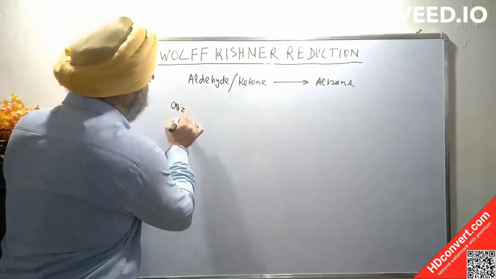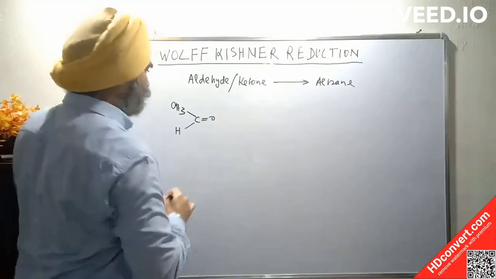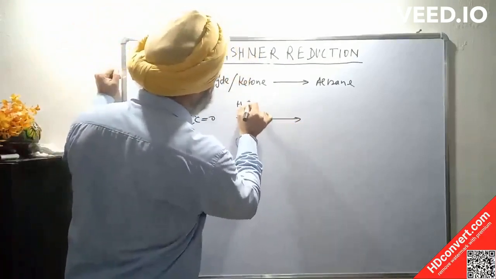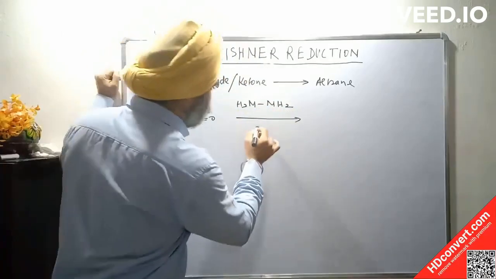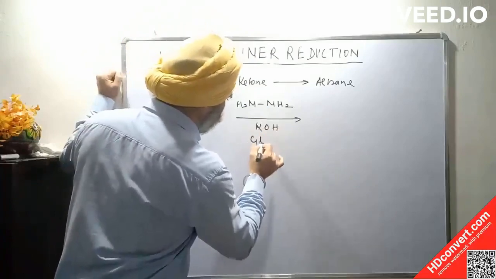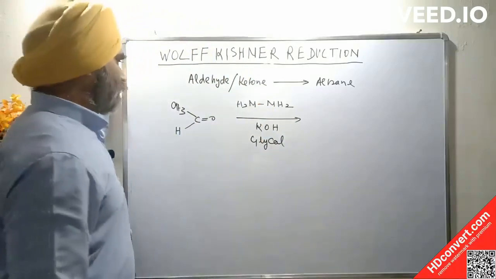We take an aldehyde, CH3C double bond OH, and this aldehyde is treated with hydrazine, H2N NH2, in the presence of basic medium. We take KOH, and glycol is taken as solvent. So what happens?